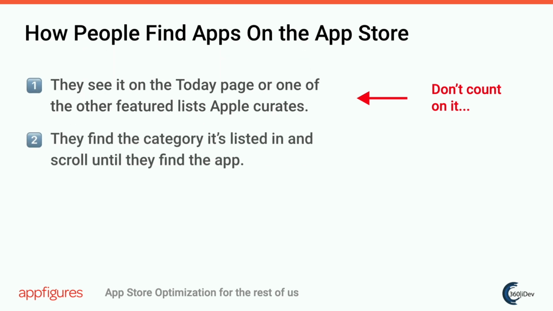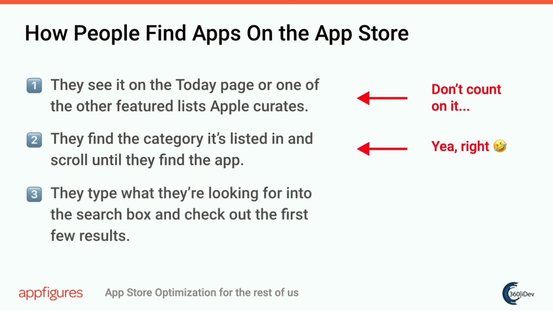Someone could actually go into the category, which is becoming more and more hidden with every day, and scroll through and say, wow, this app is so awesome. I know nothing about it, but I'm going to download it and tap on it. Nope, not going to happen. Or they can go into search and type exactly what they want to do. Not your app's name, not your company name, not anything like that.